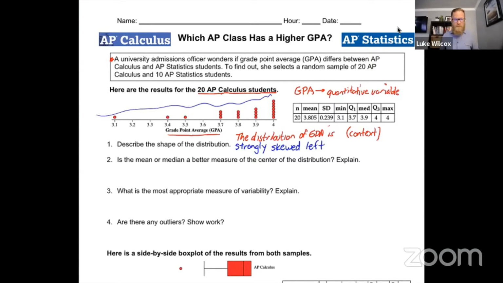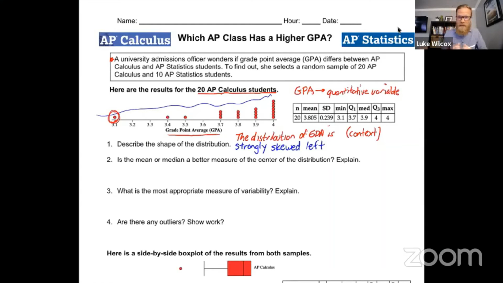All right, question number 2, is the mean or the median a better measure of center of the distribution? Well, the answer to this question depends on the shape of the distribution, and we know that this is a strongly skewed distribution. So the issue with a skewed distribution is that if you have a skew with possible outliers, like say this value down here, it's going to have a very strong impact on the mean.